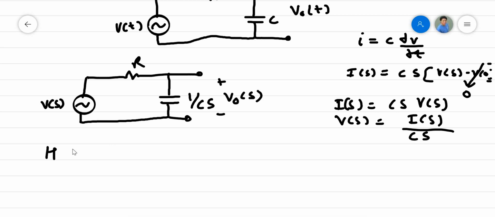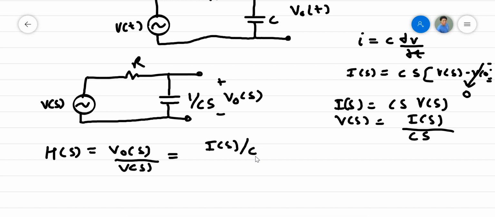Then the transfer function H(s) is nothing but V0(s) over V(s). V0(s) we have already obtained: it is I(s) over Cs, where I(s) is the current going across this loop.